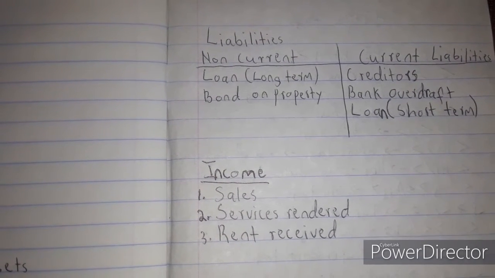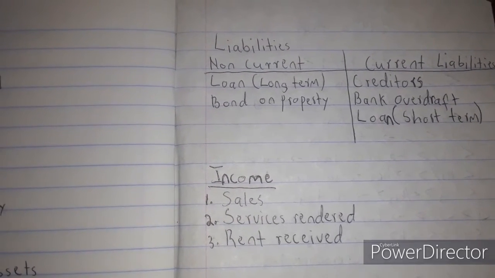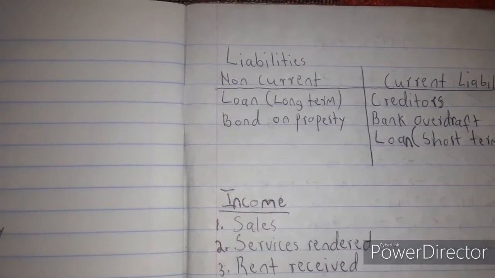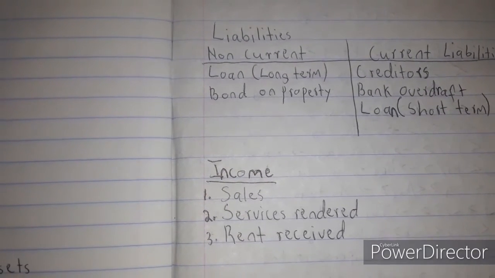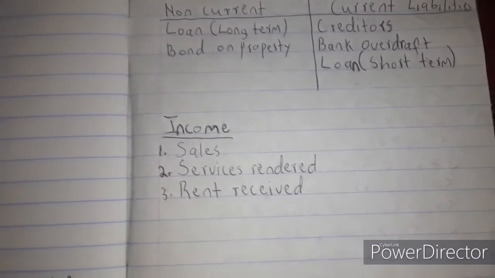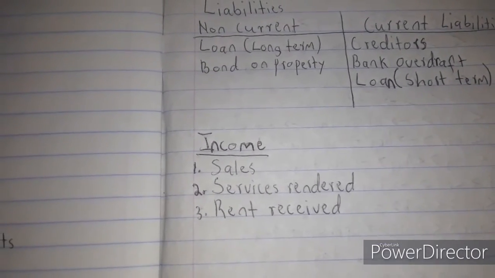So that is a source of income, which is rent received, because you are renting out assets of the business. Those flats are the assets, they generate money, and that money is called an income.